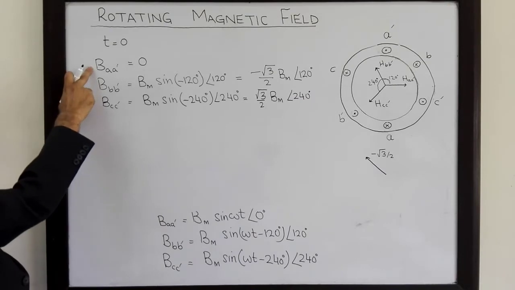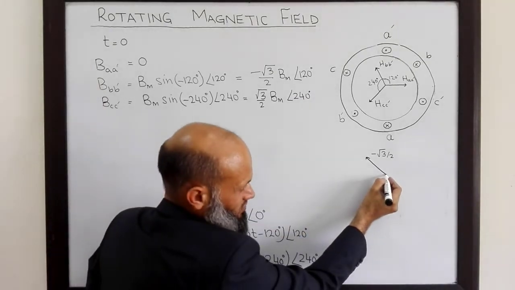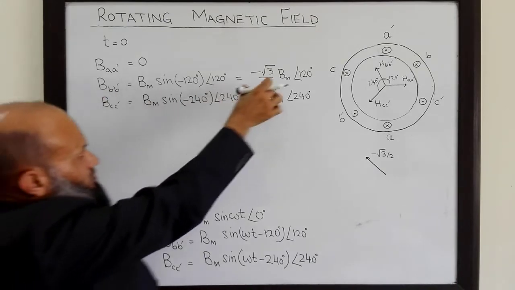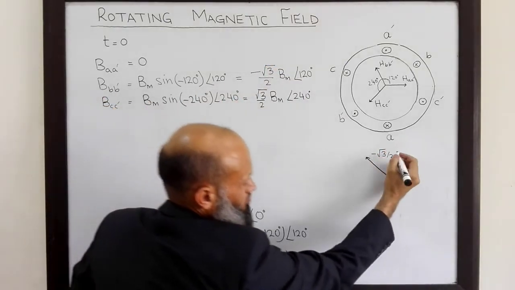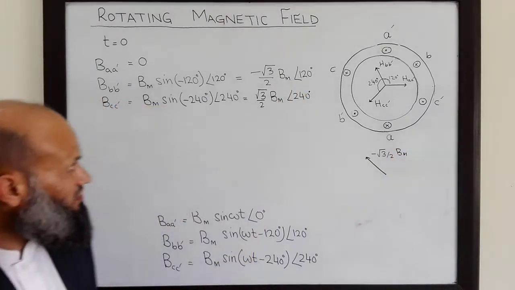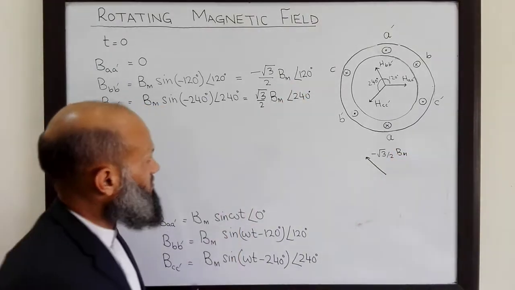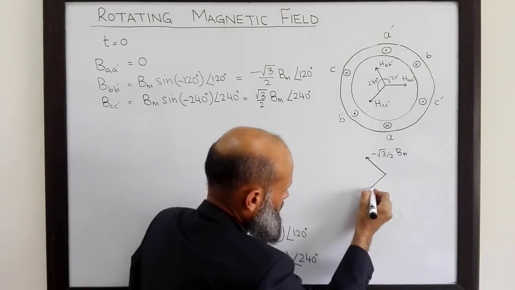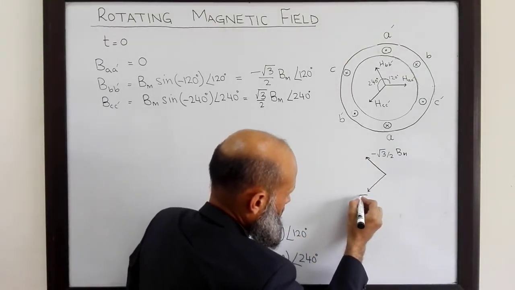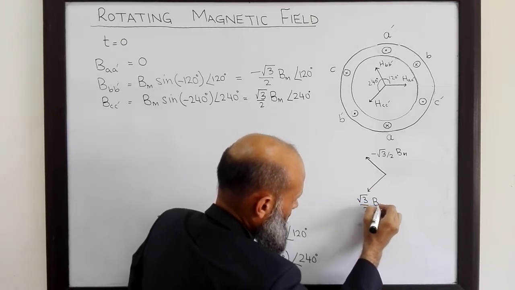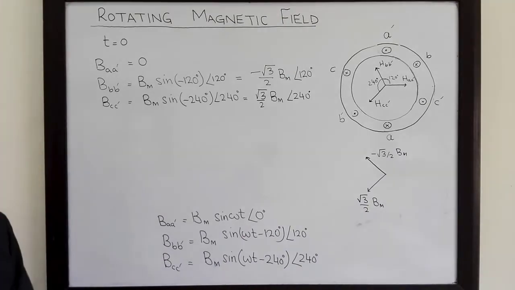The first flux density vector, its magnitude is 0, indicated by this dot. This magnitude is minus square root of 3 by 2 multiplied by Bm, and the direction is 120 degrees. And the third one has the same magnitude as this one, square root of 3 divided by 2 multiplied by Bm.